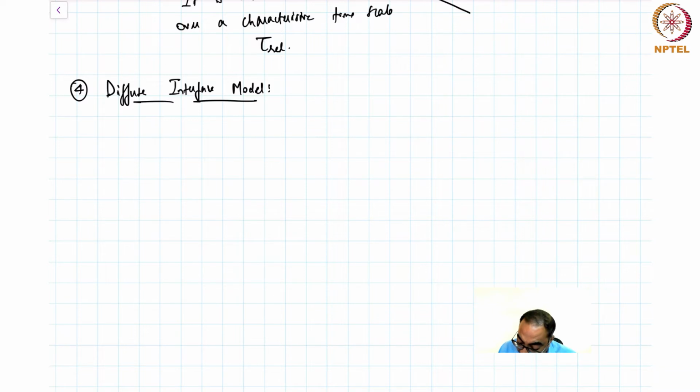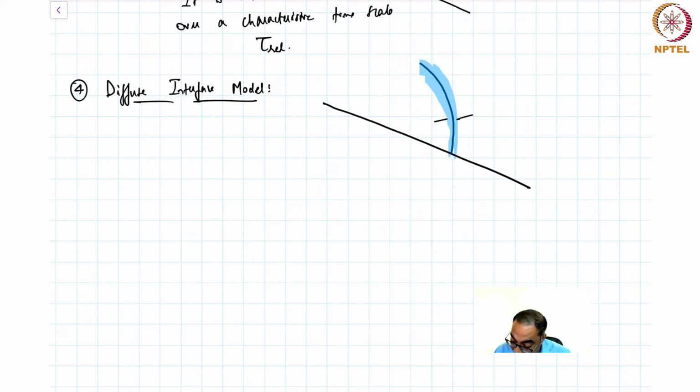The diffuse interface model essentially says that if you look at a region very, very close to the contact line, you can treat the interface as having a finite thickness. So the interface width, let's say it is xi.